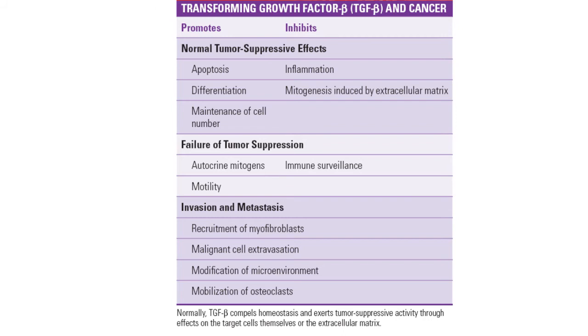When there is failure of the tumor suppression, or when there is change or mutation in this transforming growth factor beta, there is promotion of the autocrine mitogenic activity and motility, while the immune surveillance is inhibited. They are responsible for the recruitment of myofibroblast, the extravasation of malignant cells, modification of microenvironment and mobilization of the osteoclast during oncogenesis.